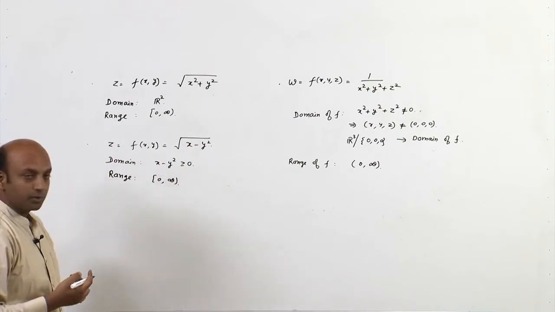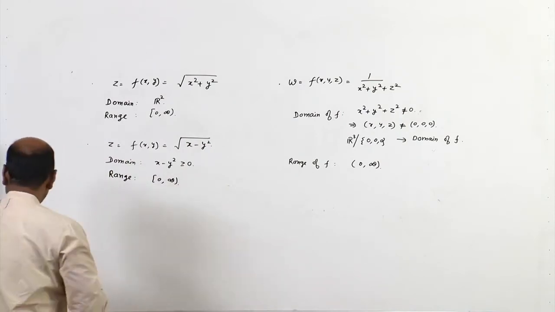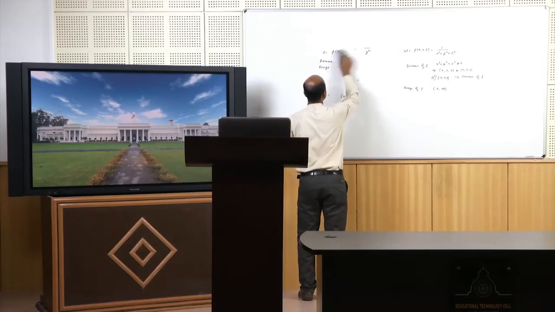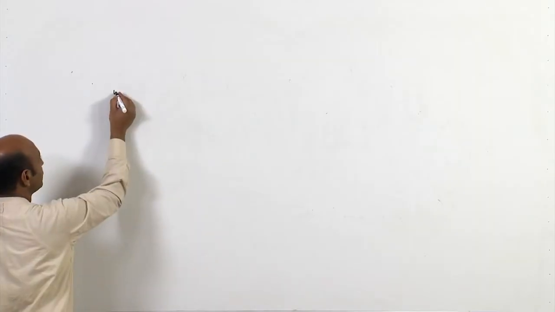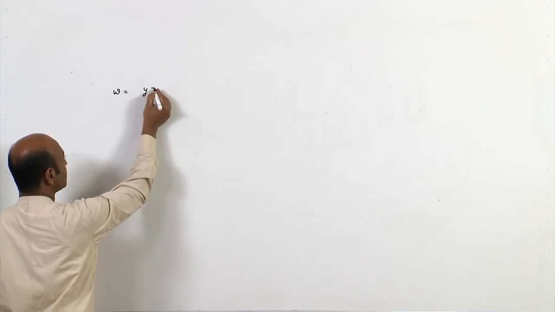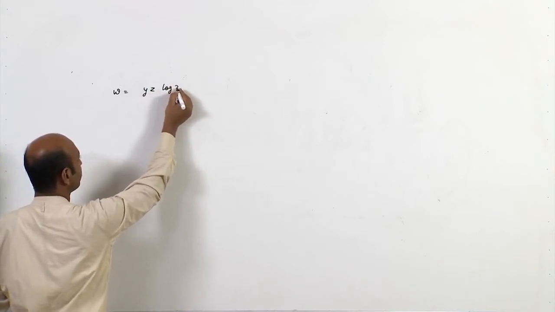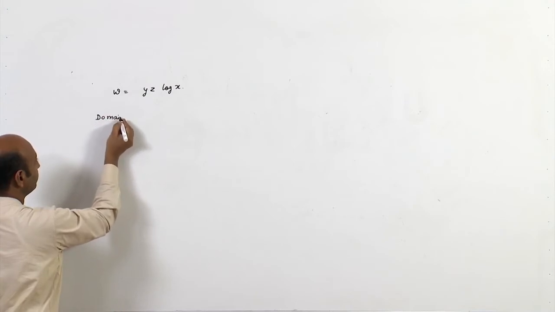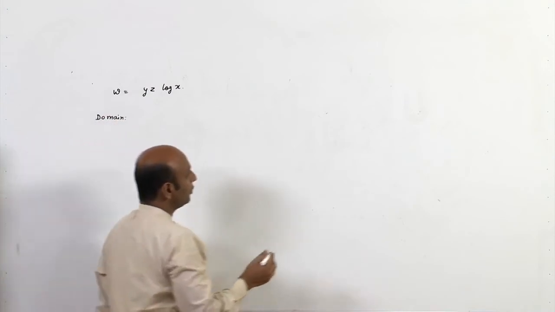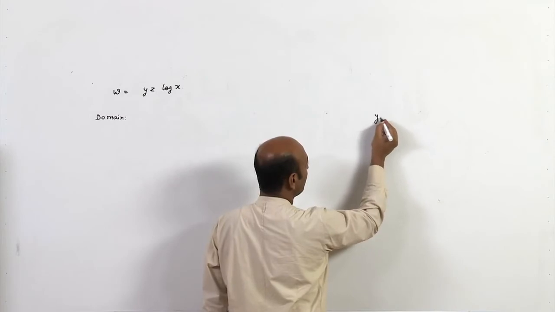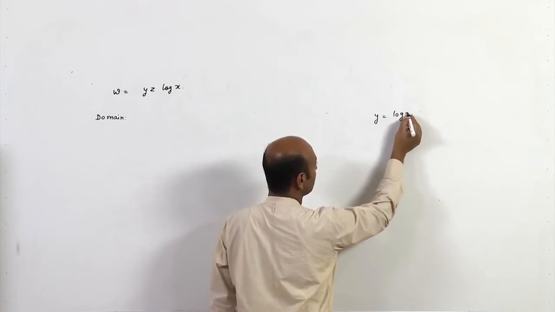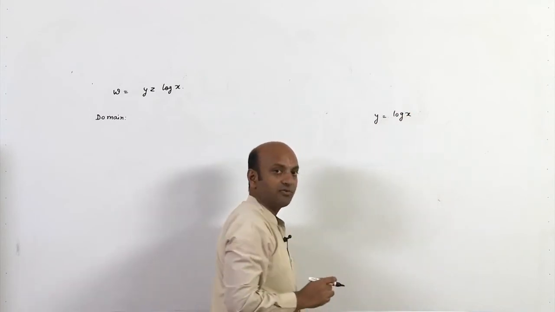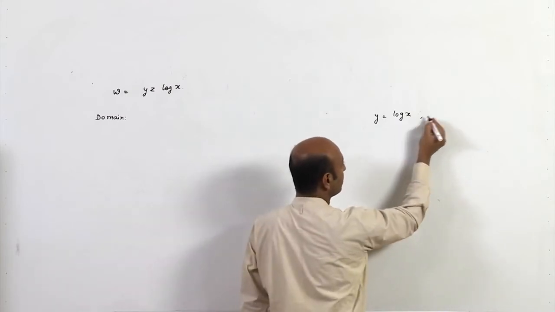Okay. Now, the next example is to find the domain and range of w equals yz log x. Now, we know that if we have a function y equal to log x, say, this log x is defined when x is greater than 0.